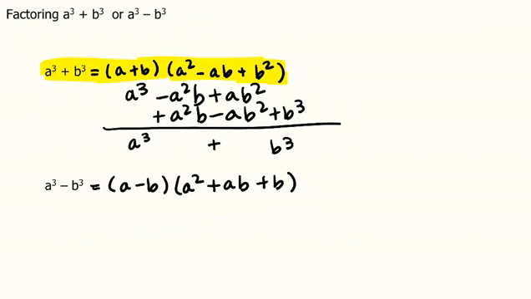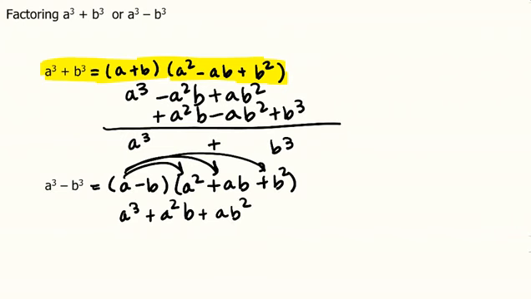All right. So we go over here, we multiply a by a squared, we get a to the third. Multiply a by ab, and you'll get a squared times b. That's going to be b squared. So a times b squared is ab squared. Then I bring in the negative b. Negative b times a squared is negative a squared b.